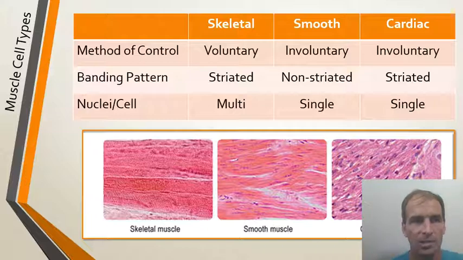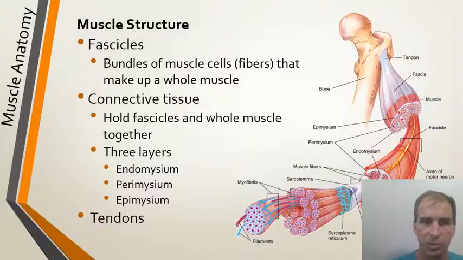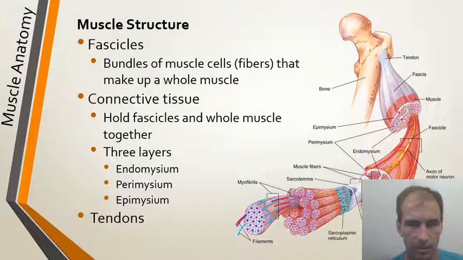Okay, so let's now get to a little bit more as far as actual muscle structure and function. Now, a good way to picture this, and this helped me a little bit in understanding the overall macro structure of muscle, is a piece of chicken.